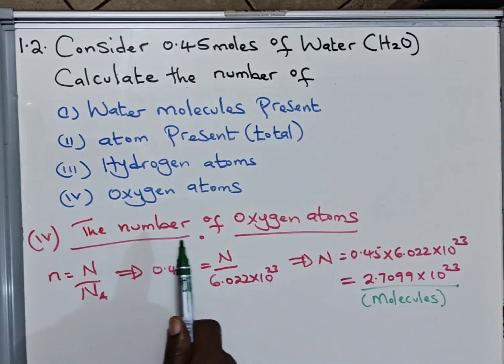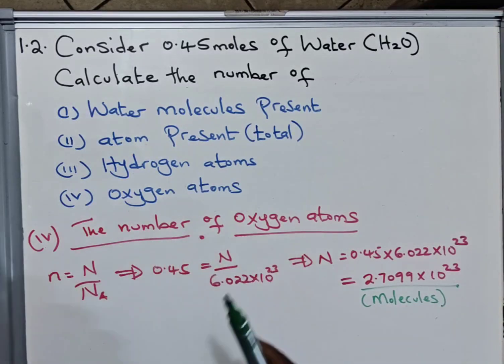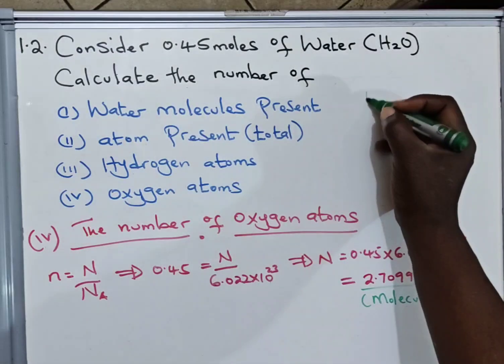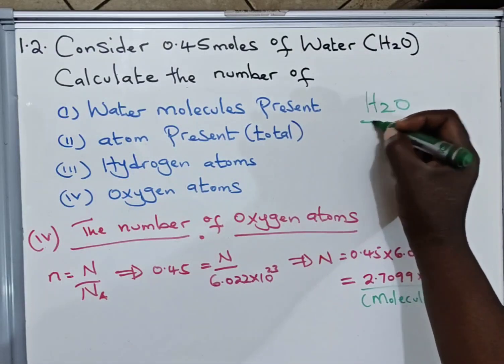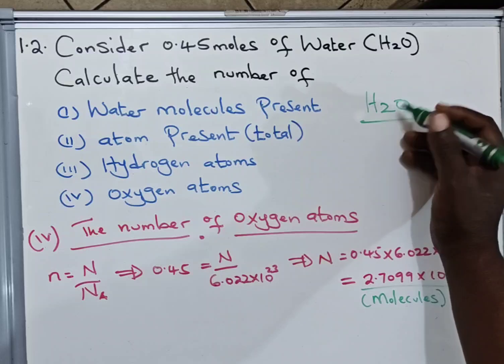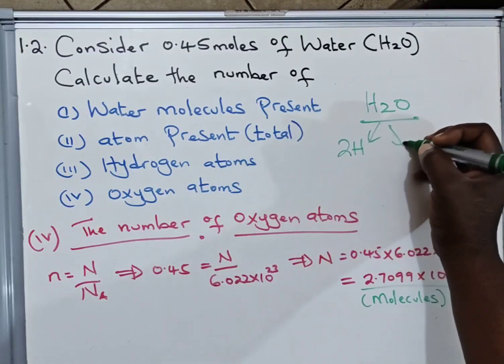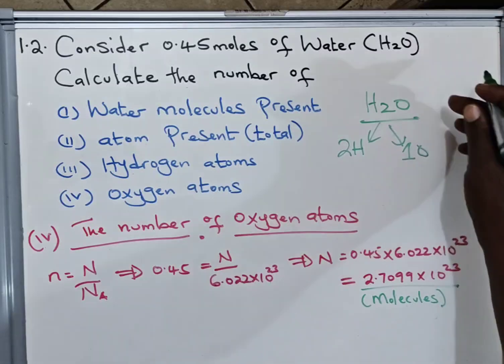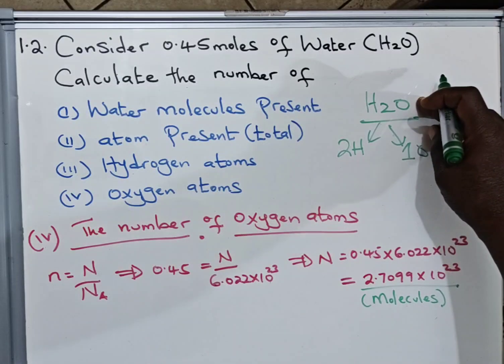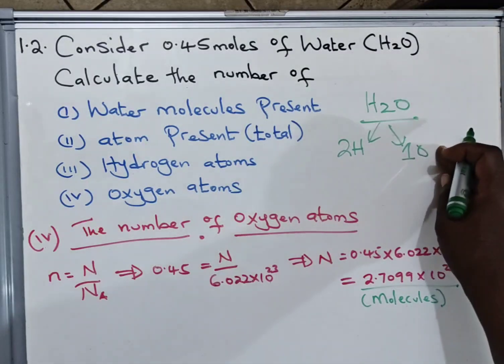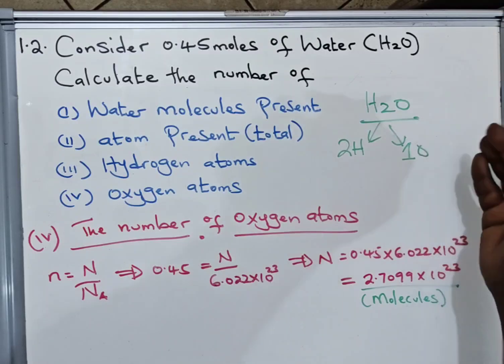And the question wants the number of oxygen atoms. What do we do here? You look at our formula. The formula is H2O. From the formula, it's clear that whereas 2 hydrogen atoms are coming from this formula, oxygen is 1. So 1 molecule of water has 1 oxygen atom, and the number is the same.